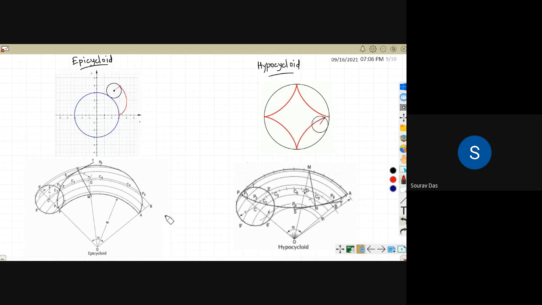So in this case, the generating circle is rolling on another circle. In our cycloid, it was rolling on a straight line. So here, in this animation, the generating circle is rolling on another circle.